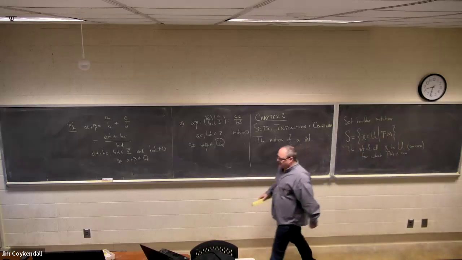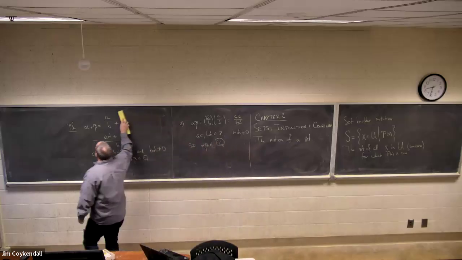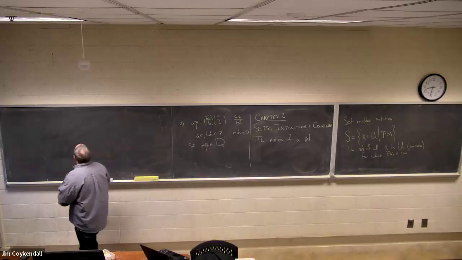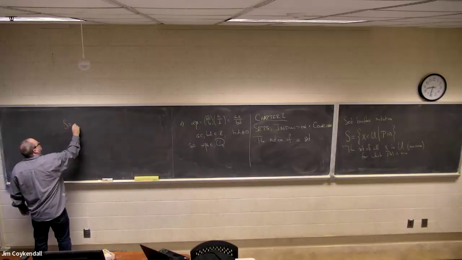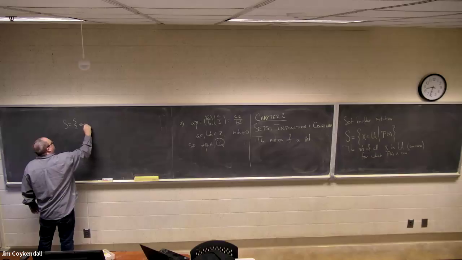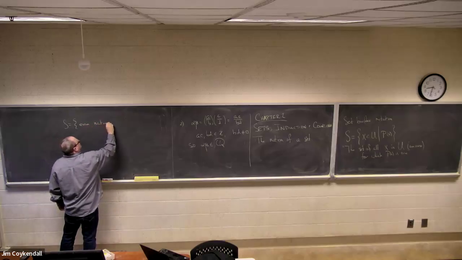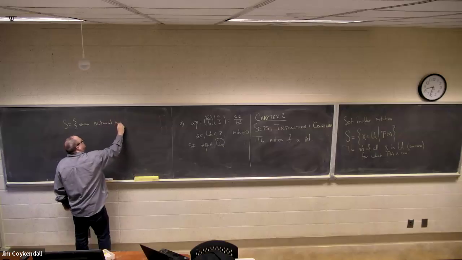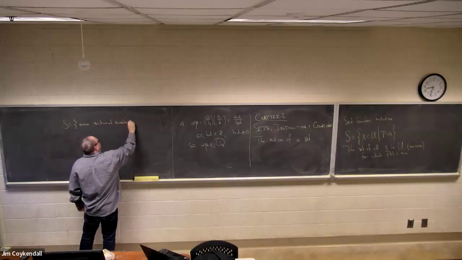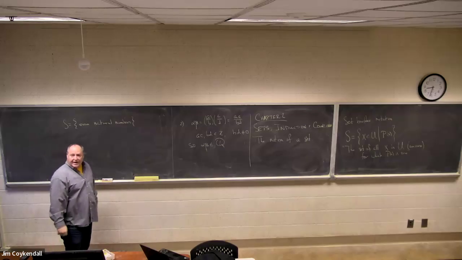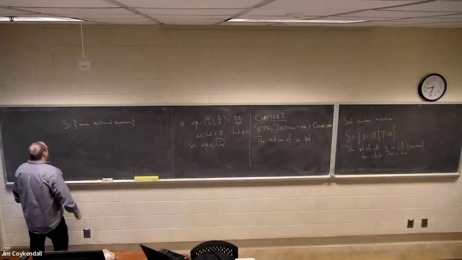So some examples. Let's see. You might consider the set of all even natural numbers. Here implicitly, my universe is the natural numbers, right?